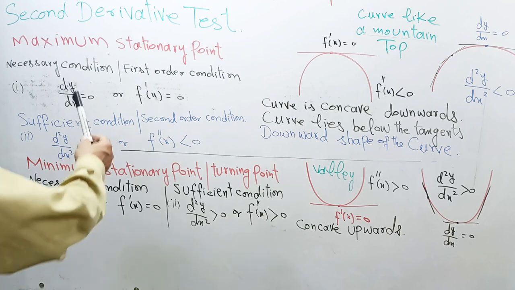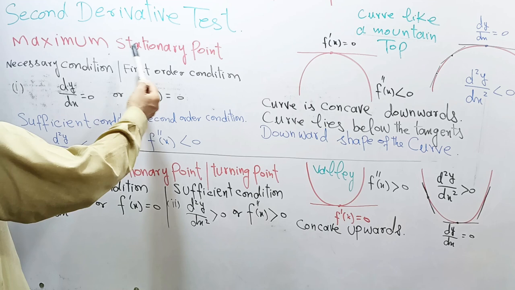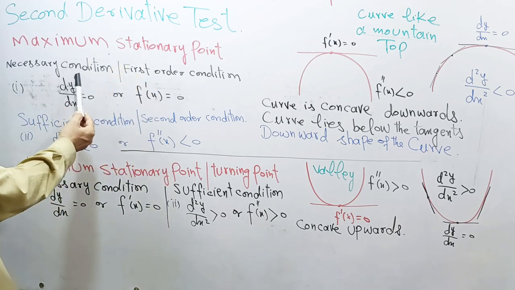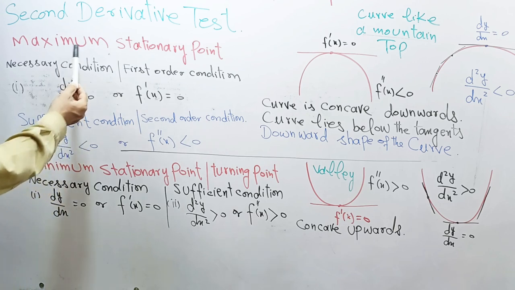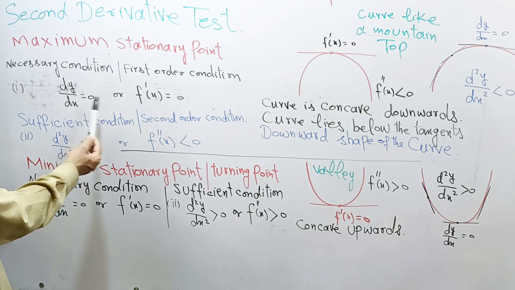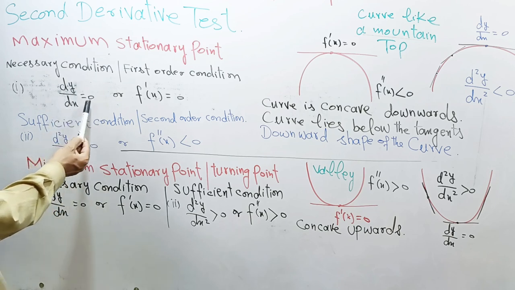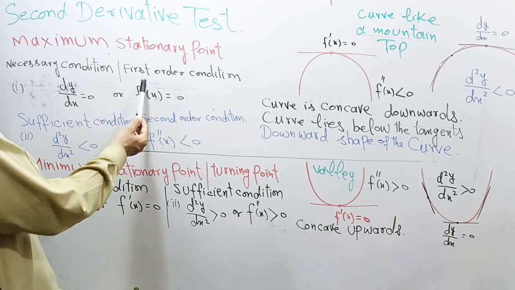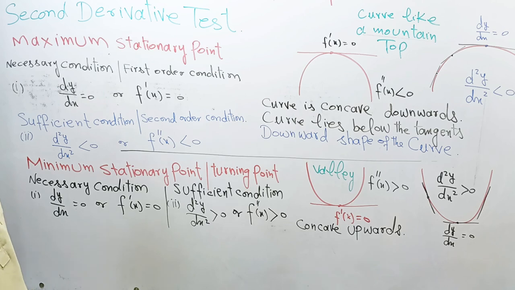So how can we find maximum stationary point or turning point? Its necessary condition, or we say first order condition, is that at the maximum point the first derivative of the original function will be 0. We use dy over dx, derivative of y with respect to x, or this notation f prime of x, where f of x is the original function, primitive function.